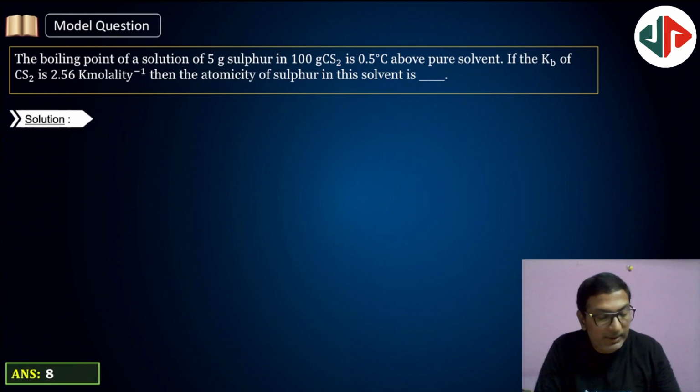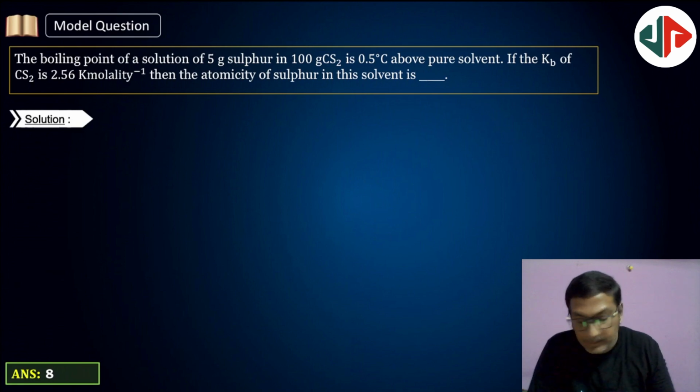Next. The boiling point of a solution of 5 grams of sulfur in 100 grams of CS2, carbon disulfide, is 0.5 degrees above the pure solvent. That is, delta Tb is given. Kb for CS2 is 2.56 Kelvin molality inverse. Then the atomicity of sulfur in the solvent we should find. Simple question. Delta Tb equals, here no need to take the i value because an ionic compound is not present.